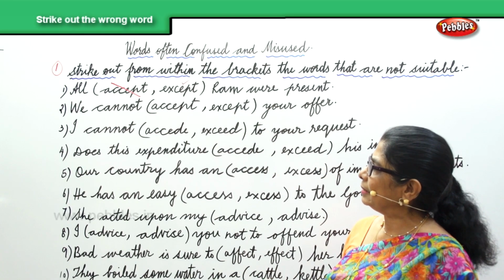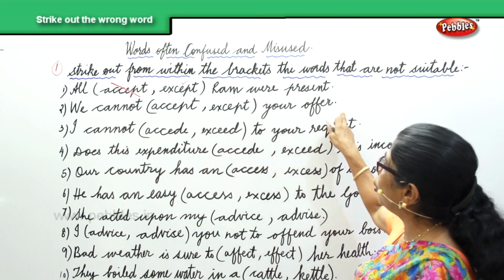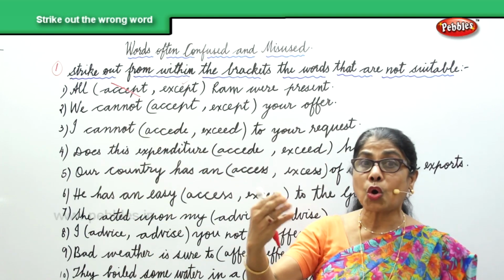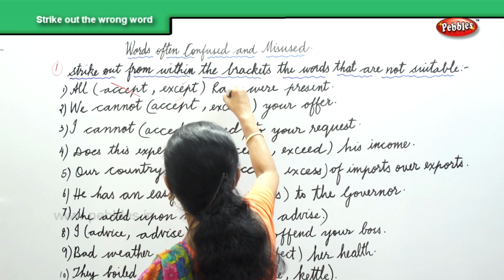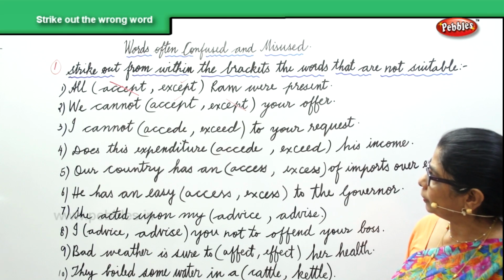In the second sentence, we cannot accept your offer. Okay? We cannot accept. So this one we strike off. We cannot accept your offer.